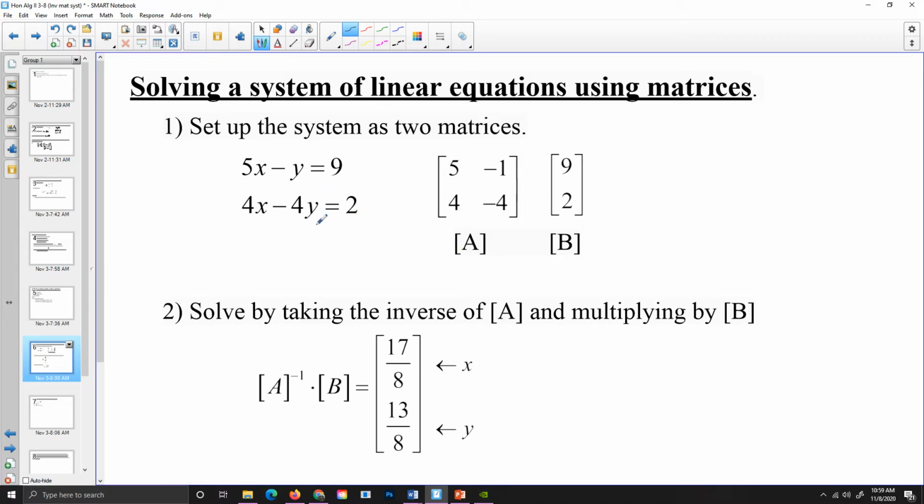The first matrix I'm going to call my coefficients matrix, because it's the coefficients of all of these values on the left hand side. And then I have a constants matrix, which is just the values that are by themselves.